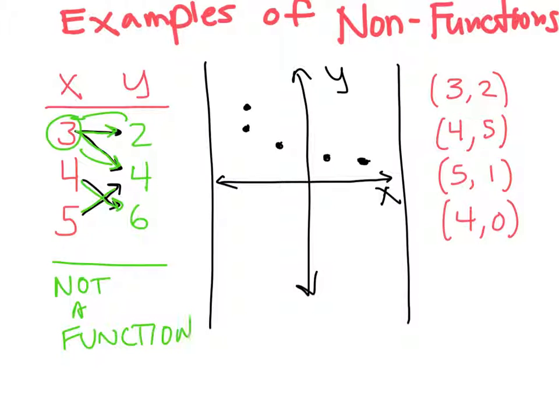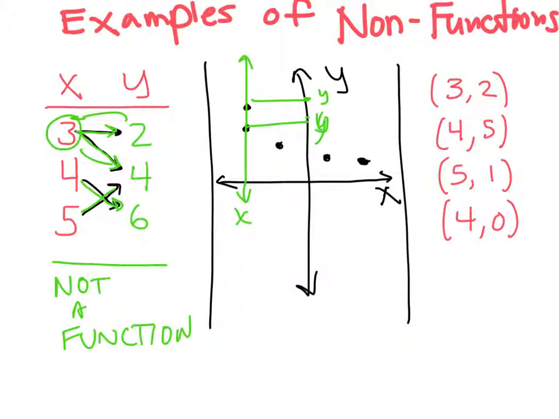In this middle part, the graph, I've got all these ordered pairs, but you can clearly see that if I drew this vertical line right here, that vertical line would actually pass through 2 points. And so for whatever this value of x is, I've got 2 different values of y.